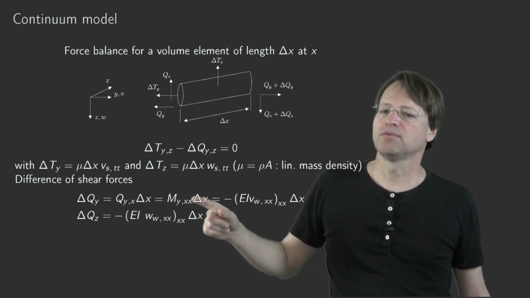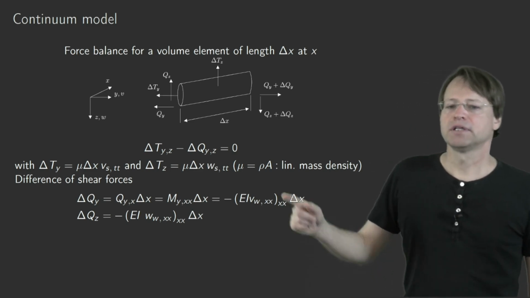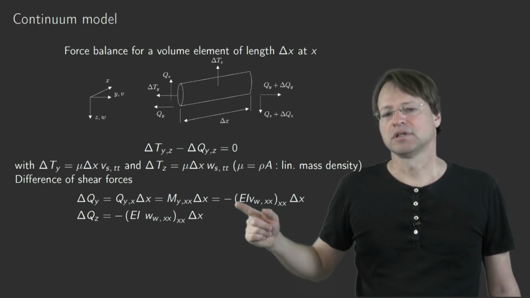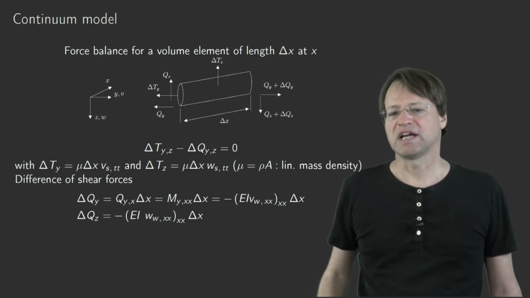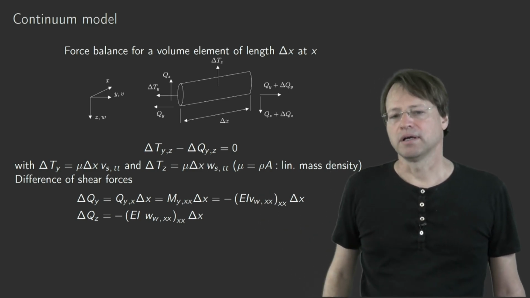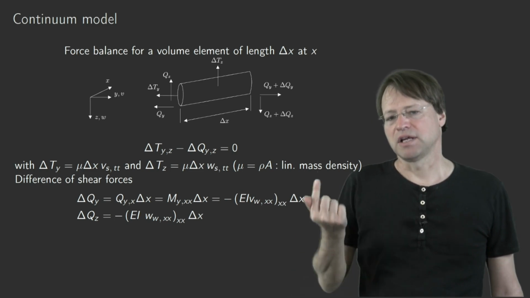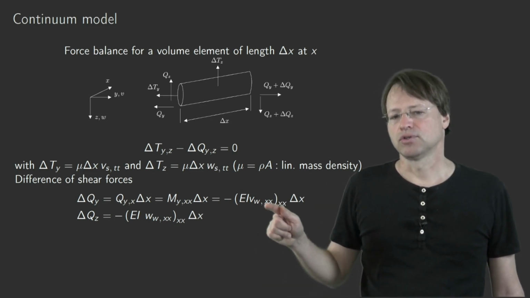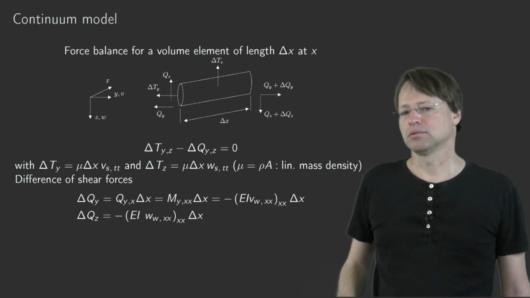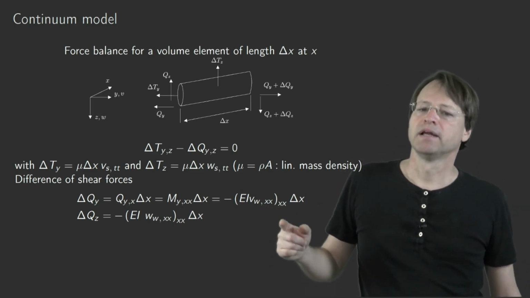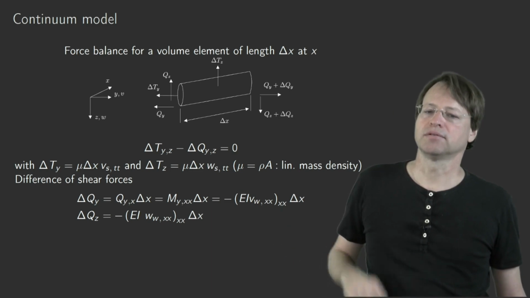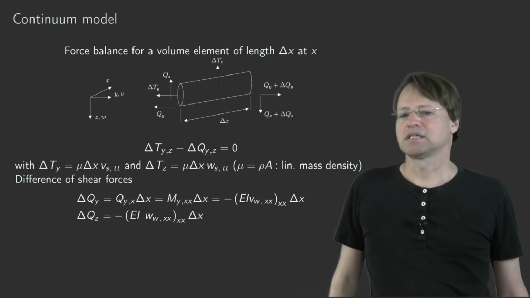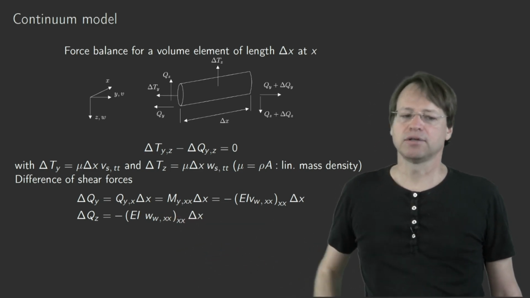And for the bending moment, we can introduce the bending line, which is then minus E times I, Young's modulus multiplied with the second moment of area, times the displacement here in lateral direction. So we take it related to the geometric center, and we take here the second derivative of the bending line, multiplied by delta x. Same reasoning for delta qz.